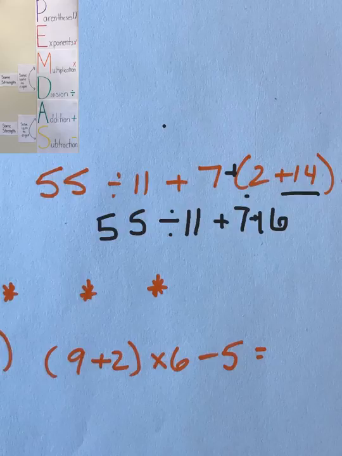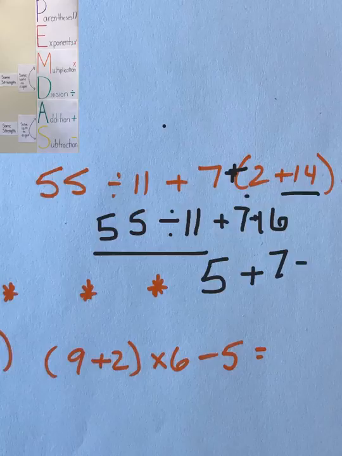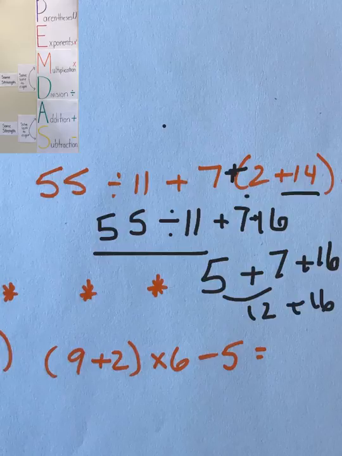Make sure to add that plus in right there. Next step, multiplication and division from left to right. I see a 55 divided by 11, and that's going to be 5. Then I rewrite plus 7 plus 16, and then I just go in order. That's 12 plus 16, and the answer is 28.